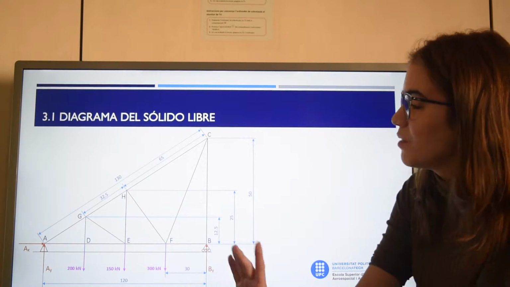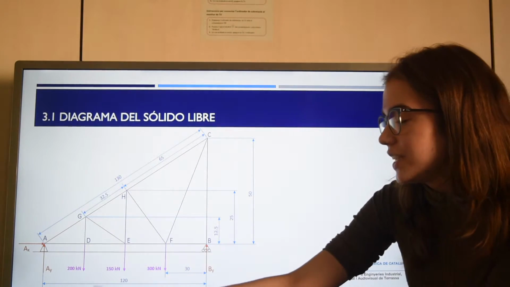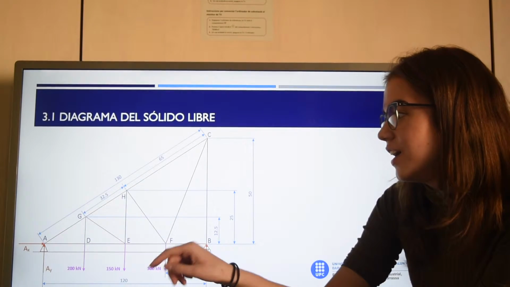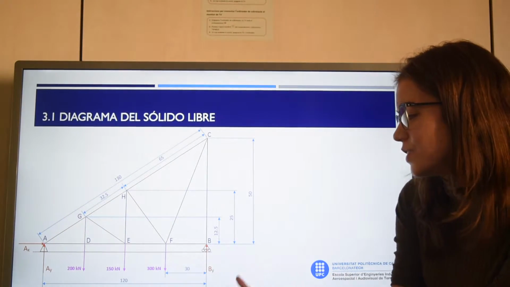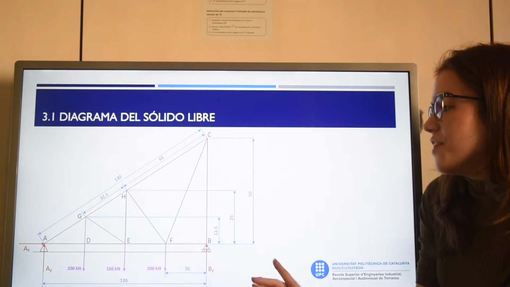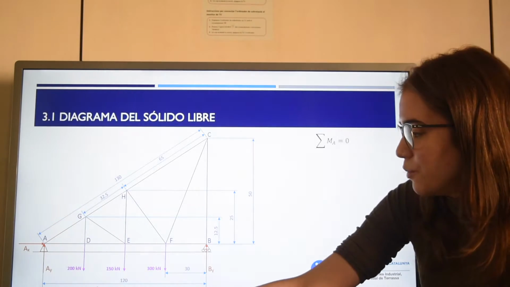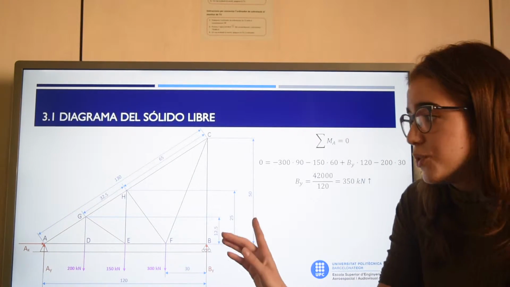In the free body diagram you can see that you've got 2 forces acting at point A, one horizontal and one vertical, and at B, since it only has wheels, you only have the possibility of one vertical force. By taking the moment at point A, we can get the value of By, which equals 350 kilonewtons upwards.